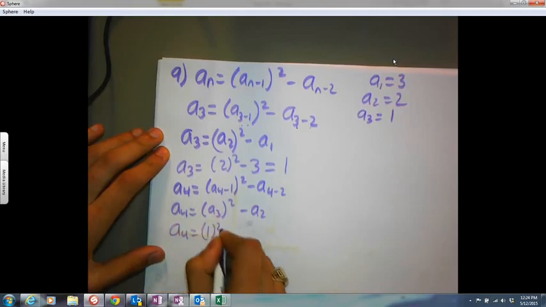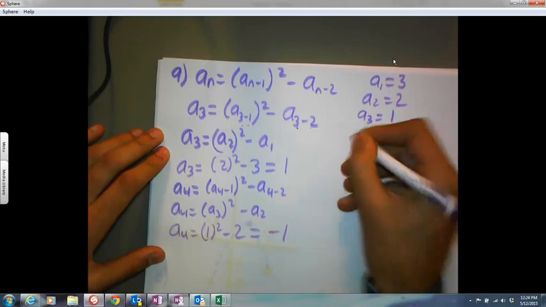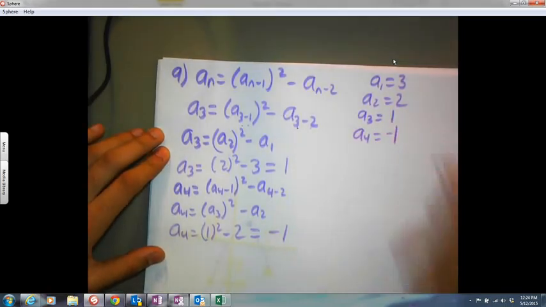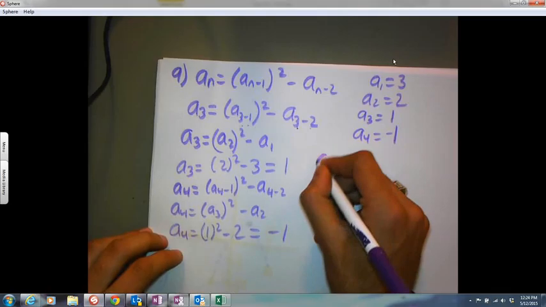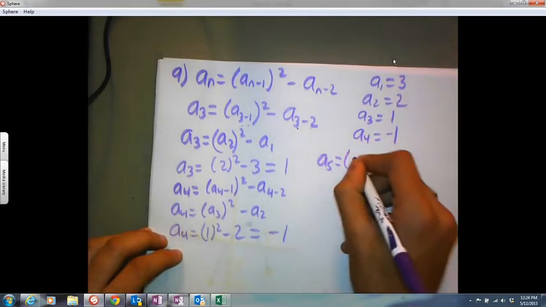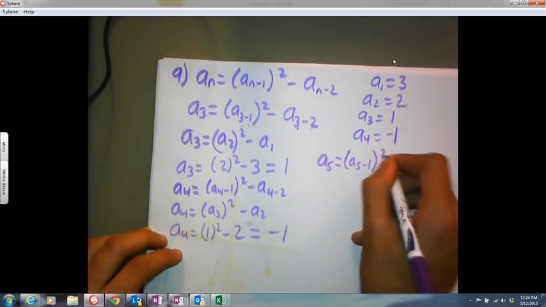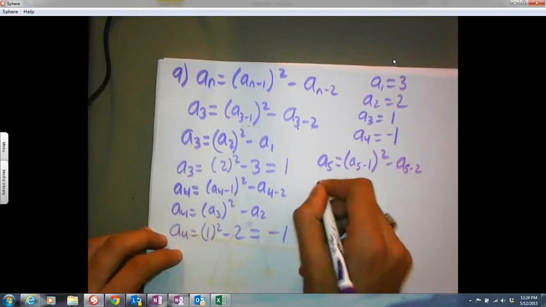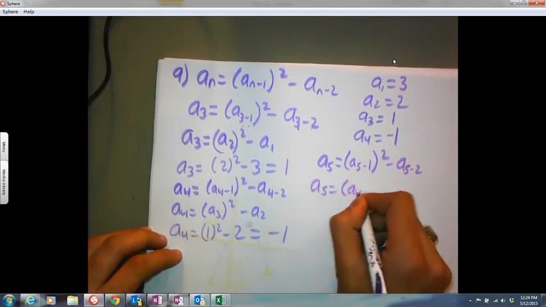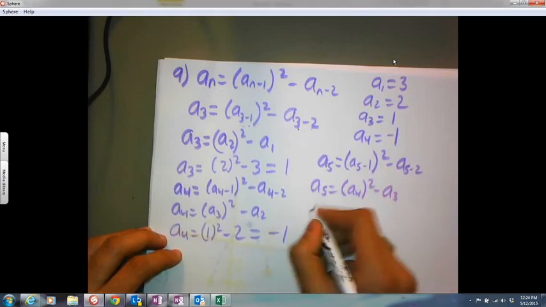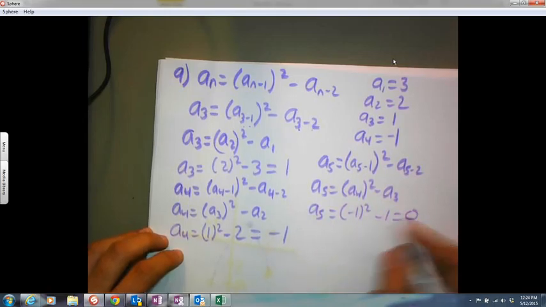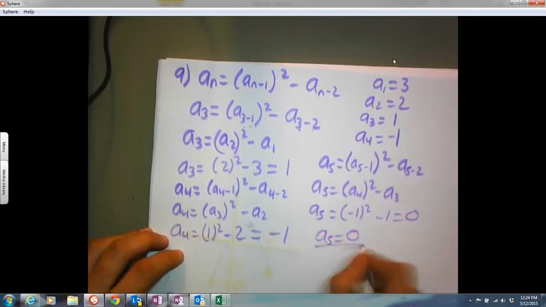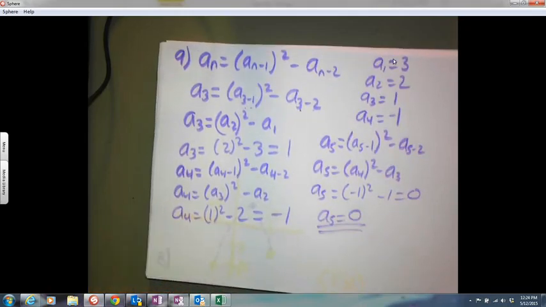Now we've got A4. Any questions at all so far? Okay, let's get A5 now. So we know that A5 has to be 0. Only one answer choice matches that, so it's answer A. Questions?